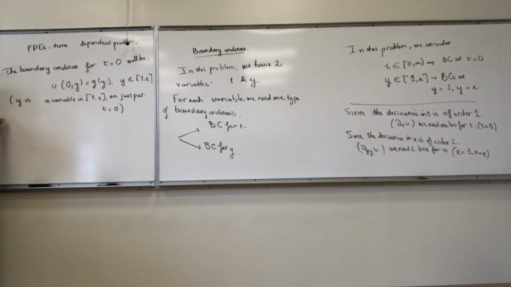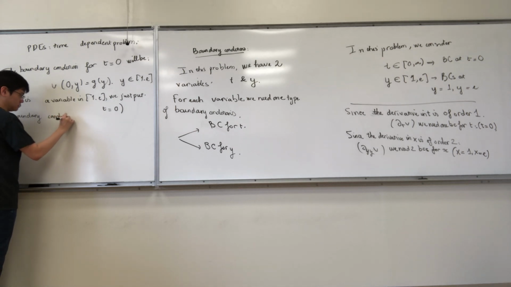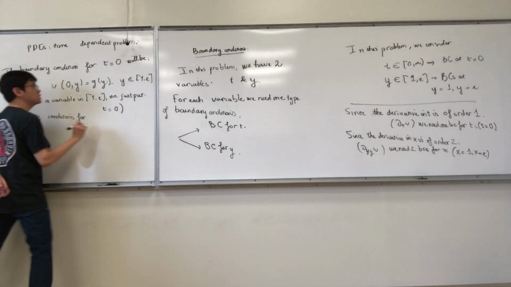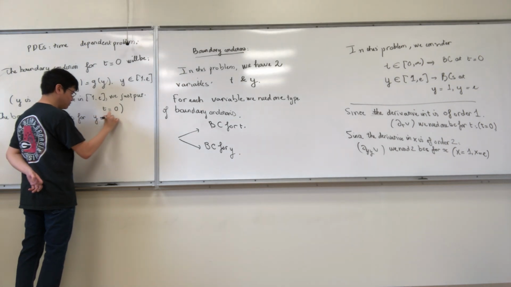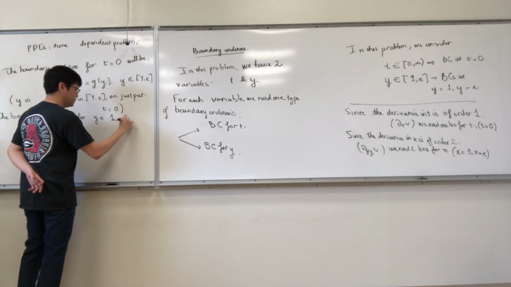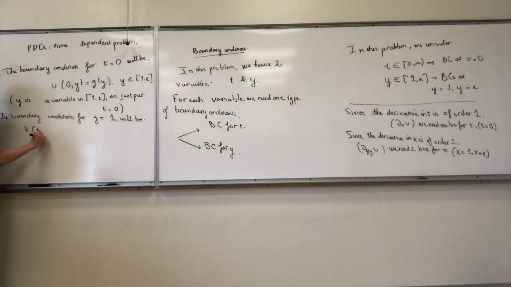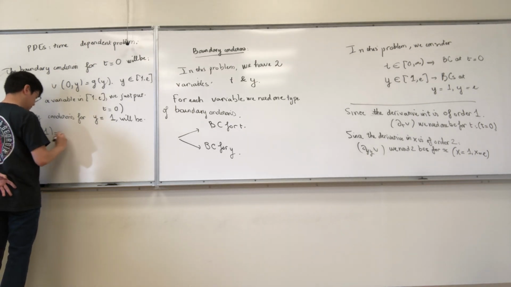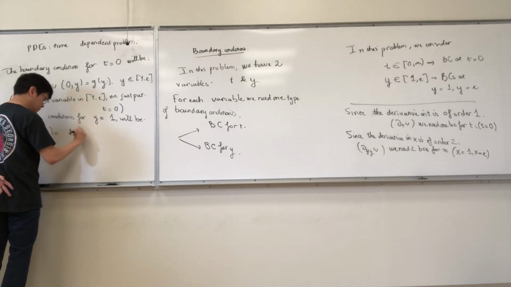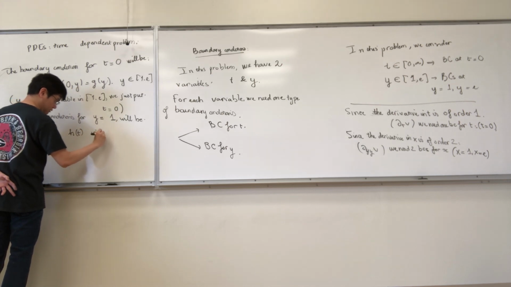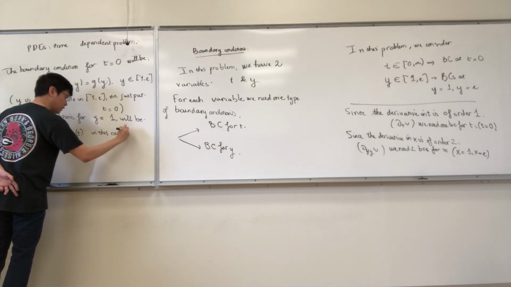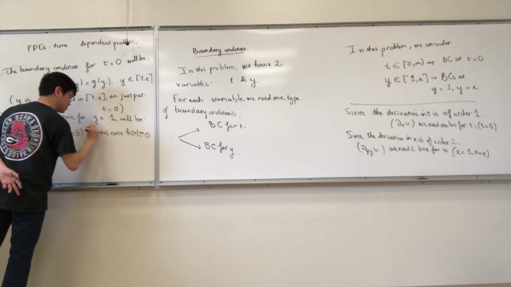So similarly, the boundary condition for y to be 1 will be v of t, 1 is h of t. In this case, h of t is the 0 function.